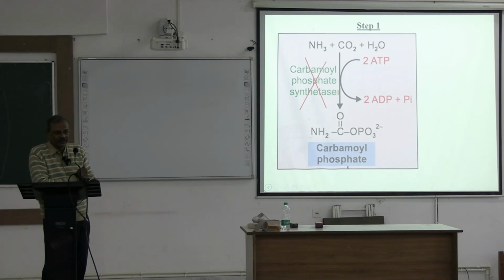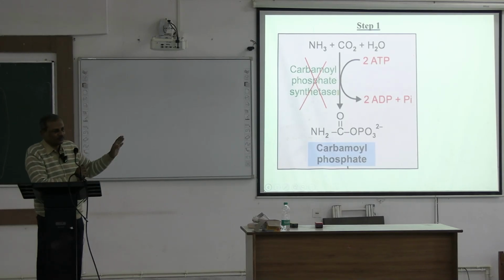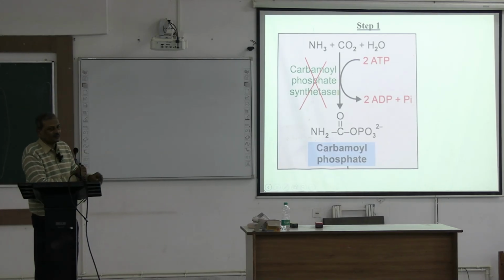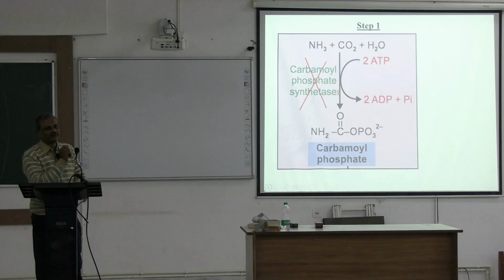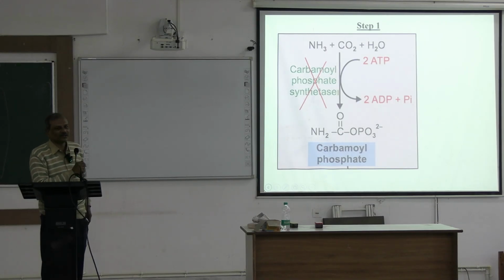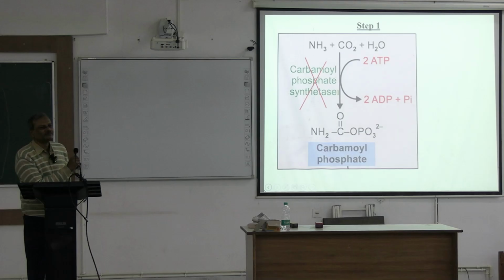I told you there are five reactions and one transporter, so a total of six diseases will be produced from urea cycle defects. If carbamoyl phosphate synthetase 1 is defective, what type of enzyme is this? What type of reaction is it catalyzing?